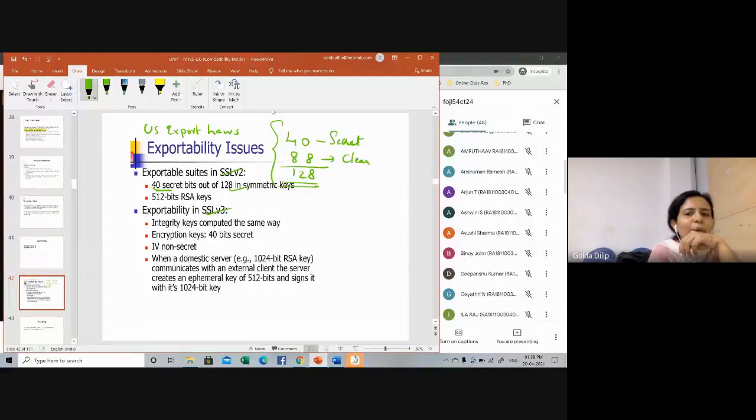Instead of sending a 128-bit secret key encrypted with the server's public key, the client sends a 40-bit secret along with 88 bits of clear text. So in an exportable suite, there will always be 40 secret bits and 88 non-secret bits.